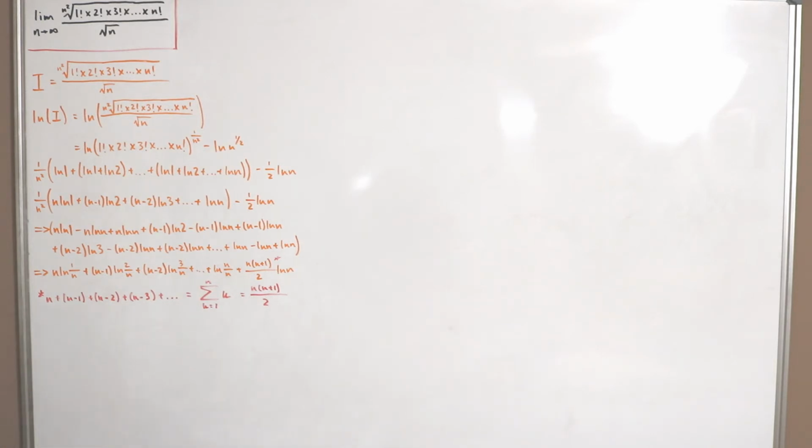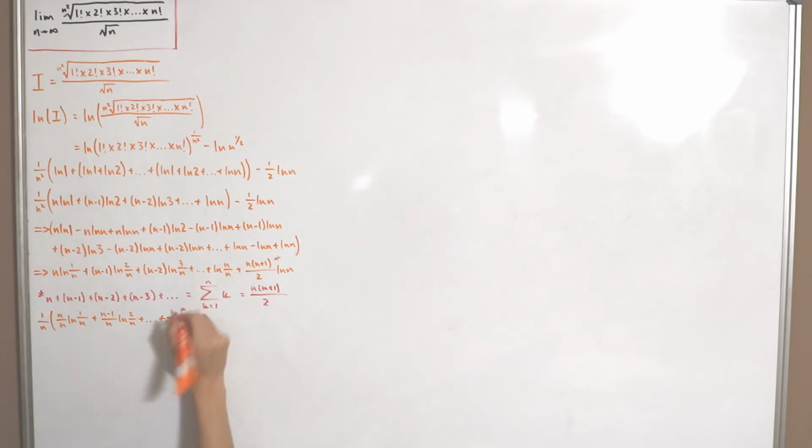So that means I have a 1 over n multiplied with n divided by n times ln of 1 divided by n, and then plus n minus 1 divided by n times ln of 2 divided by n, and then just skip the 3. You just keep going forward with the series.